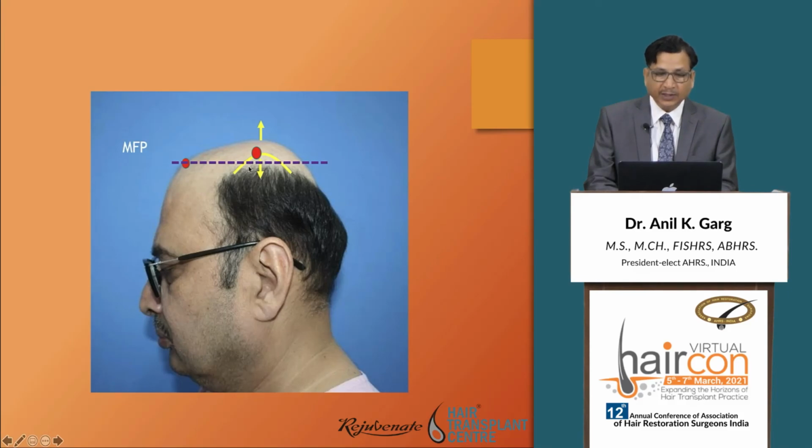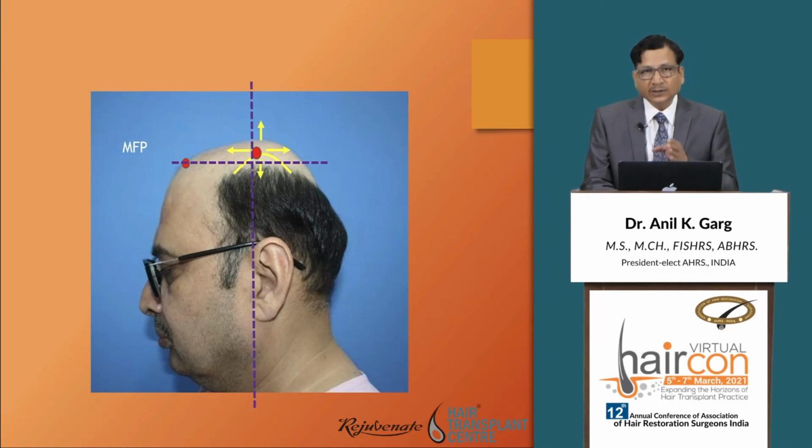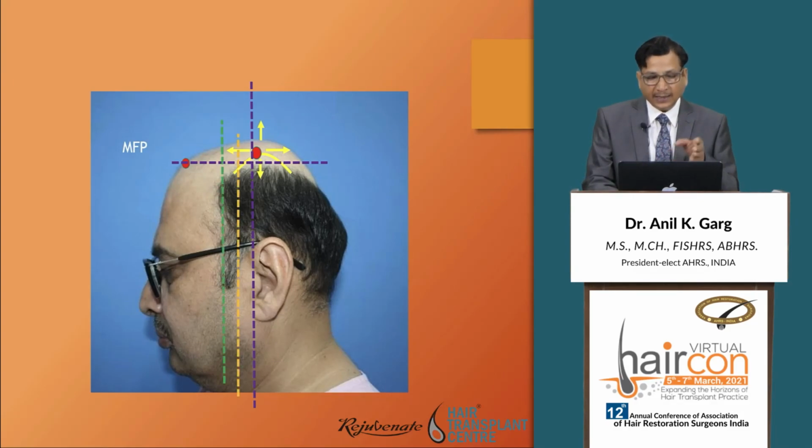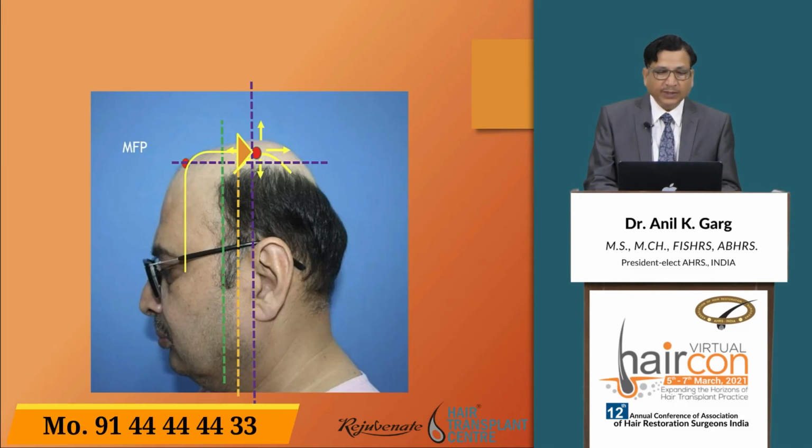The other plane we also need, whether anterior or posterior. For this we need a vertical line: in an aggressive grade of baldness, the line passing through the tragus, then moderate behind and anterior, which I explained before. And this point should lie on the vertical canthus line. So let us see what we did in this case.